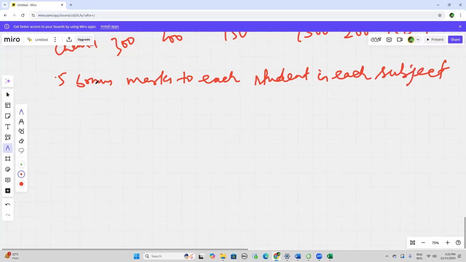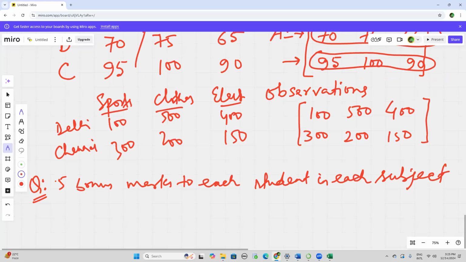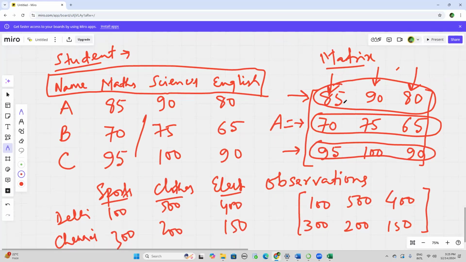Okay, so this has been decided: 5 bonus marks have to be given to each student in each subject. Now what will you do for this? In the same matrix which you have created here, you have to add plus 5 to each one of them. 85 plus 5, 90 plus 5, 80 plus 5, like this, right? Got it? And then you will get a new matrix.